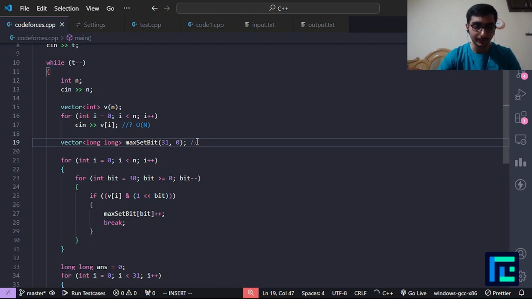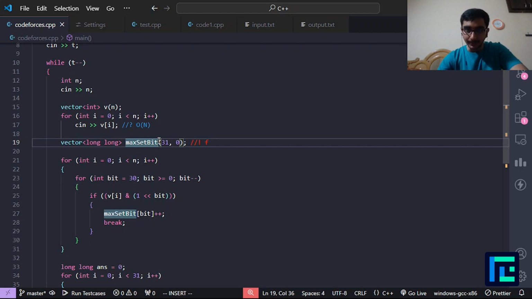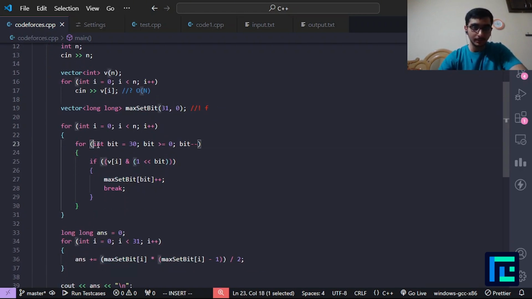So max set bit of i stores the number of values in my vector v, or the array A, which have the ith bit as their MSB. So again, how do I check that? I run a loop from 30 to 0, and then I calculate the value of v[i] bitwise AND with one left shift that many times, bit number of times.